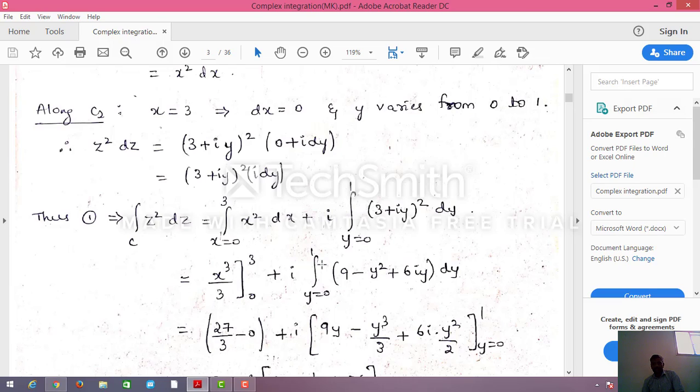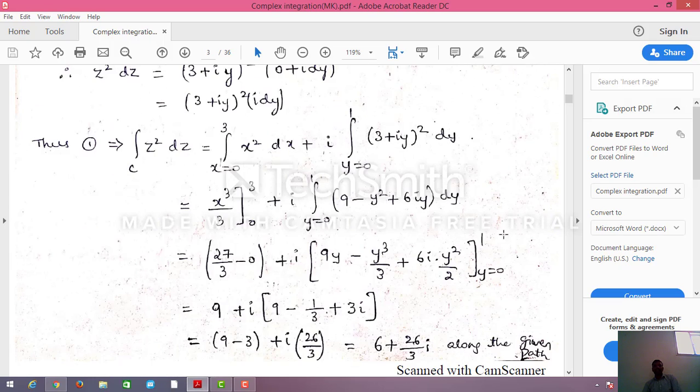Before integrating the second one, I am expanding using (a plus b) whole square, we will get 9 minus y square plus 6iy dy. If you apply the upper limit, 27 by 3 minus 0; if you apply the lower limit, i into this one: the integration of 9 dy is 9y, of y square is y cube by 3, and of 6i y is 6i into y square by 2, y equals 0 to 1.